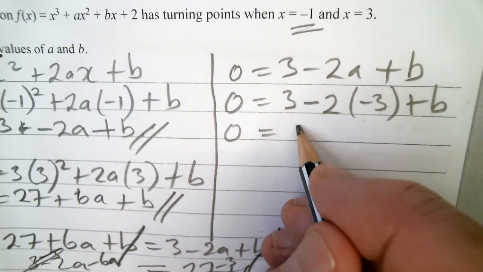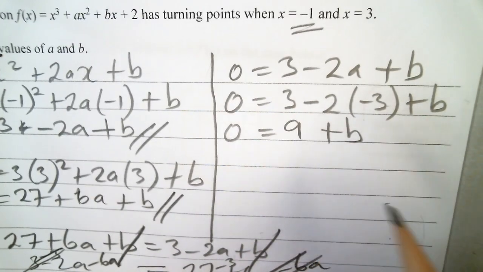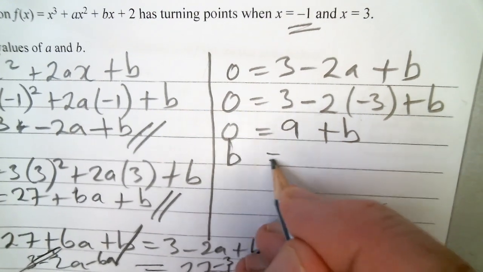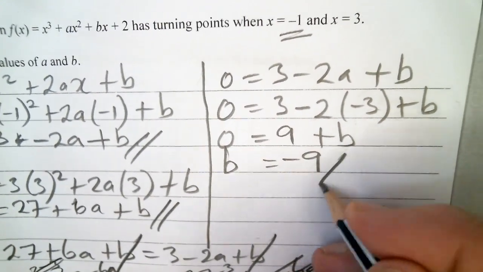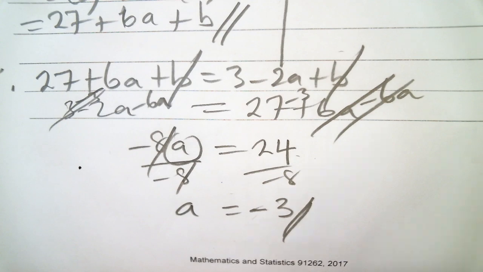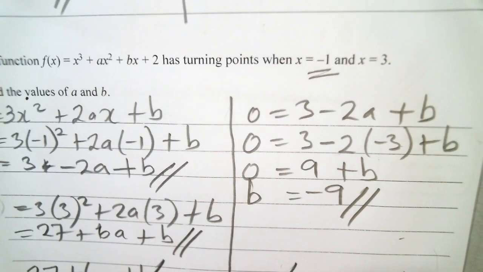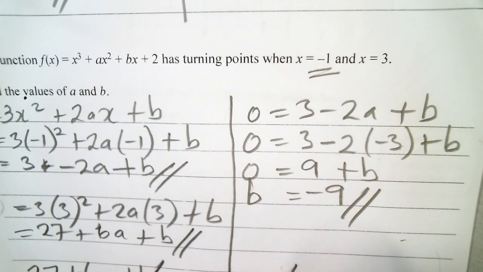Well, 6 and 3 is going to be 9 plus b is equal to 0. So therefore b must equal -9. There it is. So we've got a is equal to -3, and b is equal to -9. And that should do it. That's all we have to do.